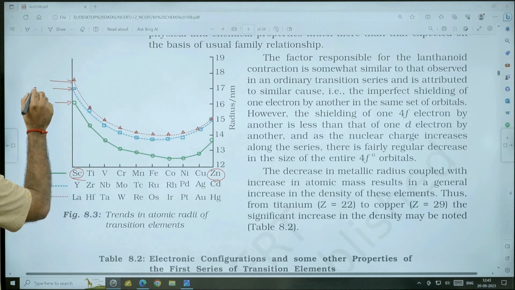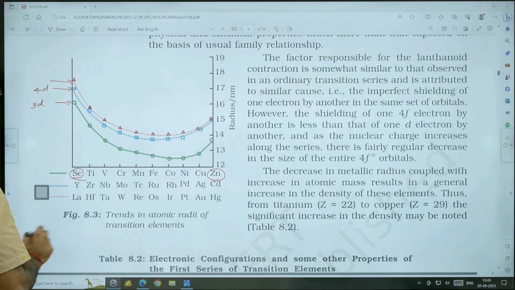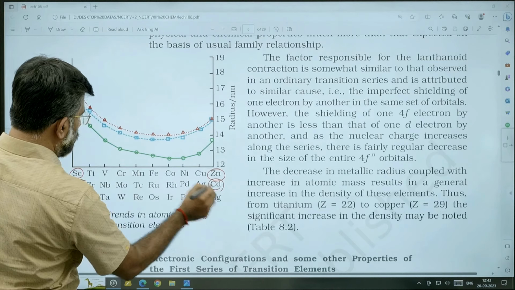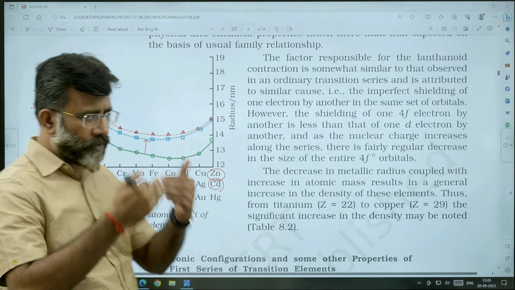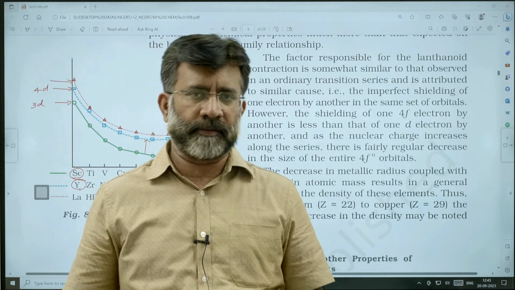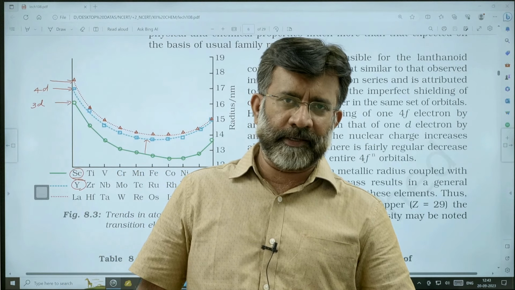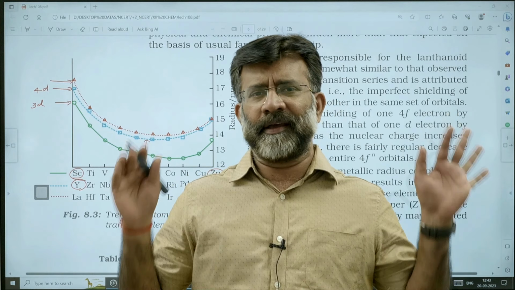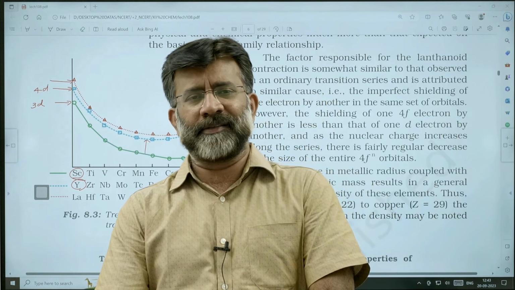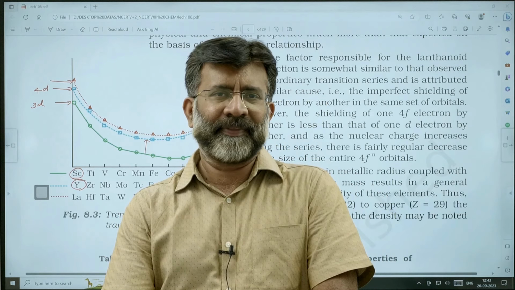And the second transition series, that is 4d series, yttrium to cadmium, is upper. Quite naturally, as you come down, the size should increase. So the second series size is larger than the first series. Quite natural. We know down the group size should increase, no doubt.